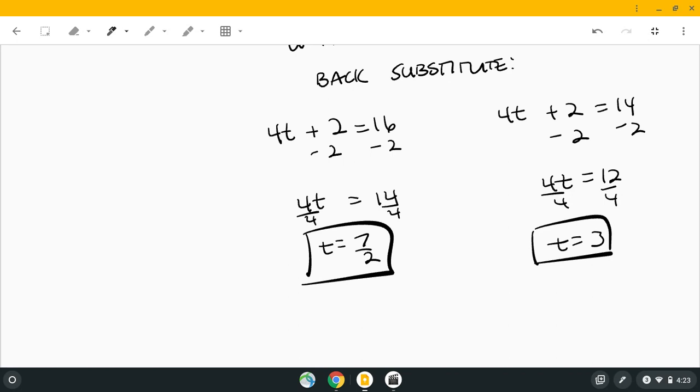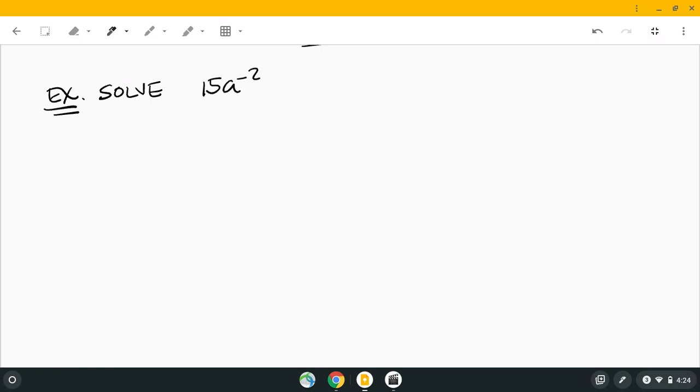Okay, one last example. All right. Let's have a look at this one. This one has negative exponents. But nonetheless, it is quadratic in form because this exponent here is twice as much as that one.